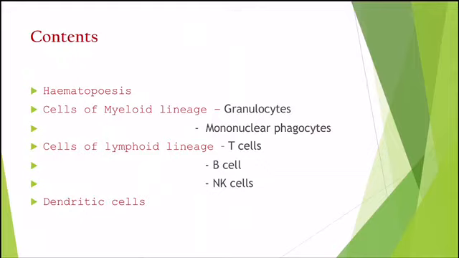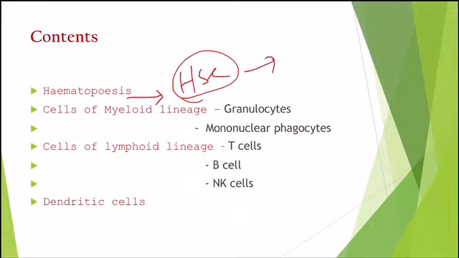First one is hematopoiesis. Hematopoiesis is a process by which hematopoietic stem cells, H means hematopoietic, S means stem, C means cell, differentiate into mature blood cells. The process by which the hematopoietic stem cells differentiate into blood cells is called hematopoiesis.